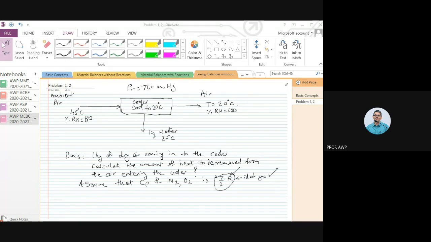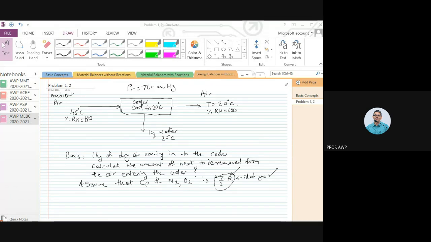So what I mean to say is that as we cool from 45 degrees centigrade, we don't care how much water condenses at 44, 43, 42, 41, 40, 39, 38, 37. That is the path function, how much water is condensing at every temperature, every point. It is like a path function, how much water is condensing out at each temperature change as we go down from 45 to 20.